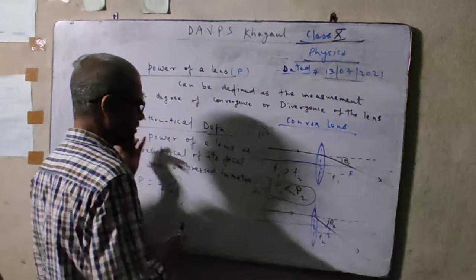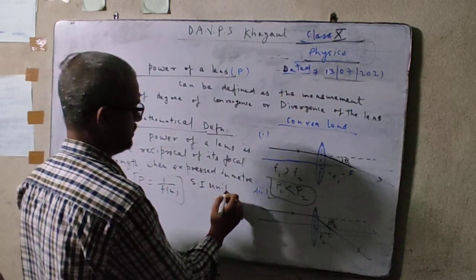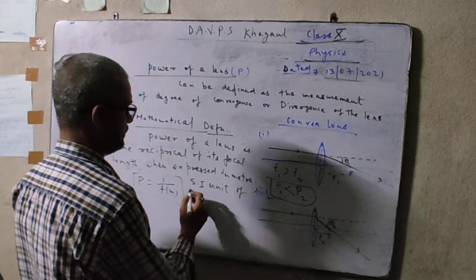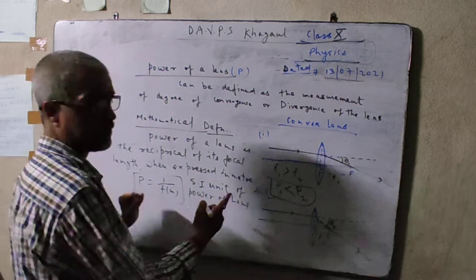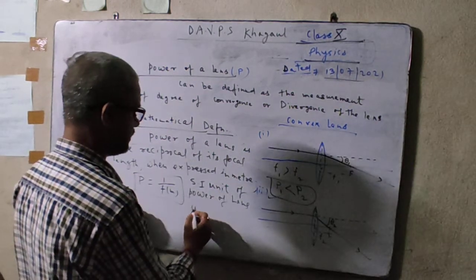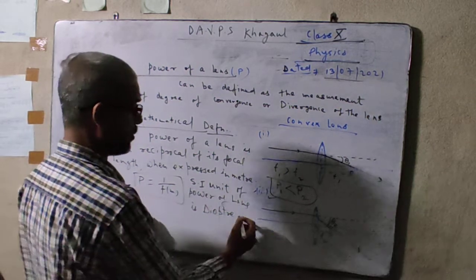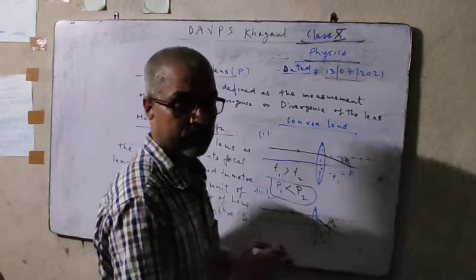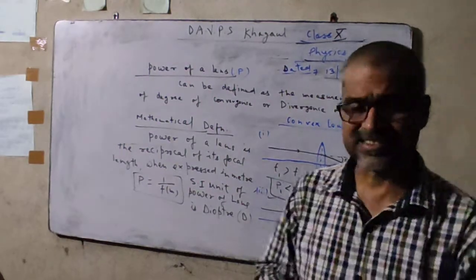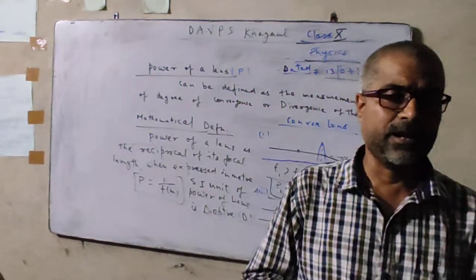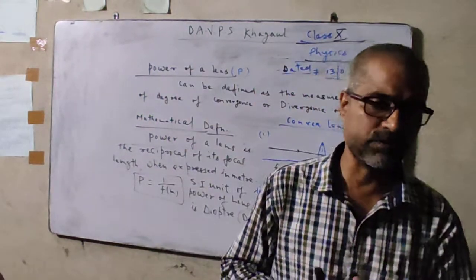So we can write: SI unit of power of lens is diopter, capital D, and we can express it as positive power or negative.